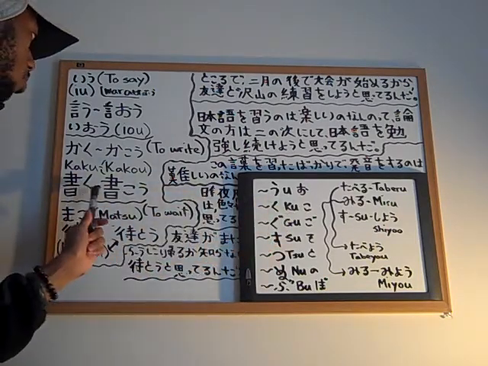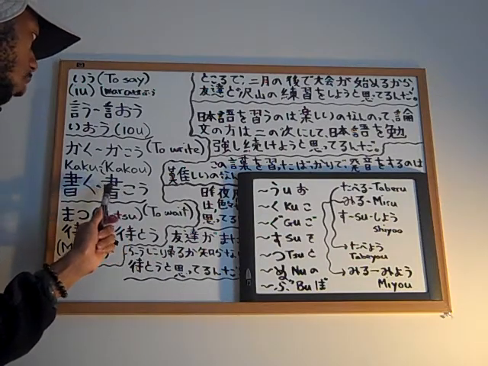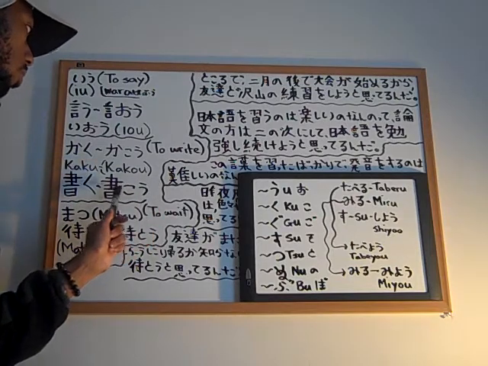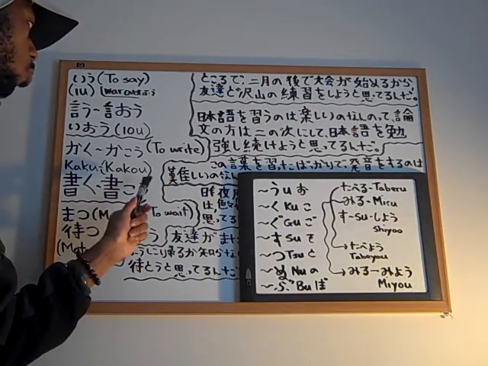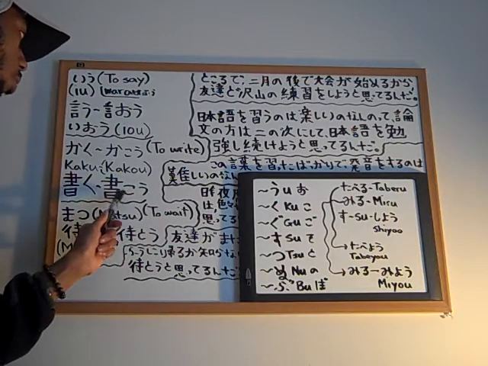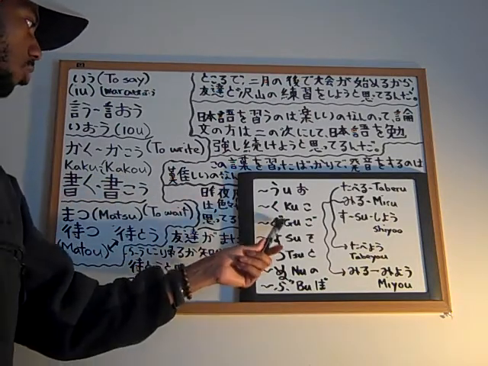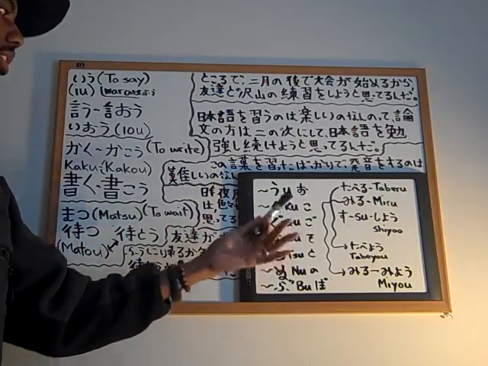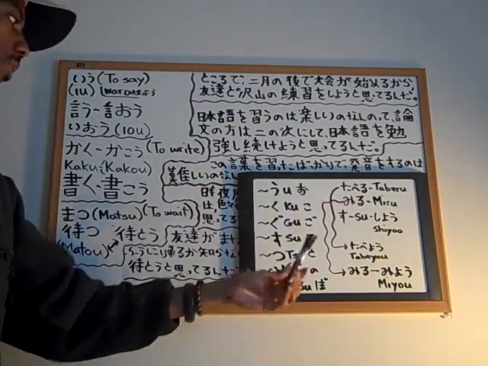You see that? Kaku becomes kakou, but you keep the u. Kakou. Kaku, kakou. I'm thinking about writing. Now, if it's gu, it's just like ku. It becomes go.